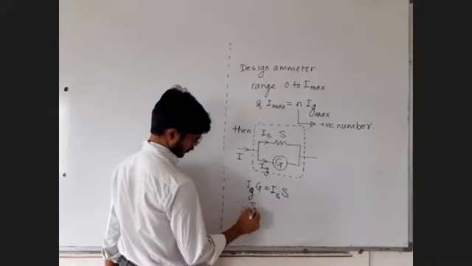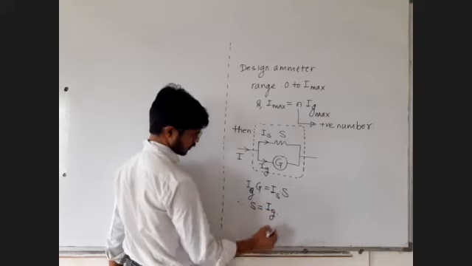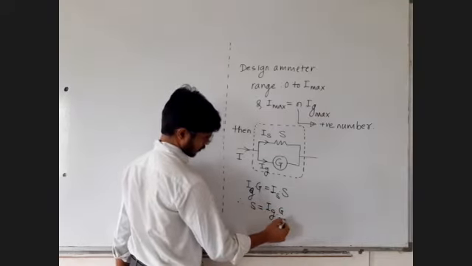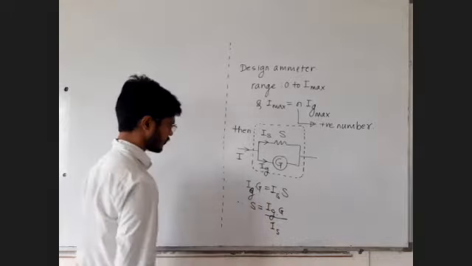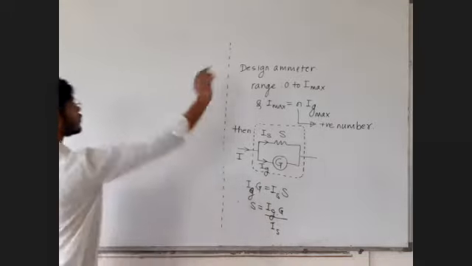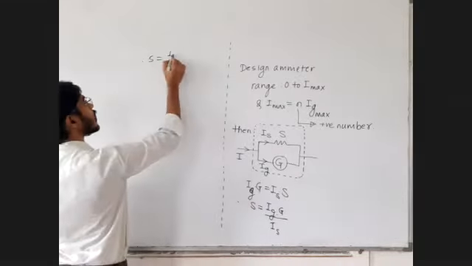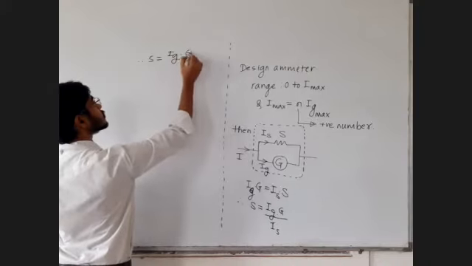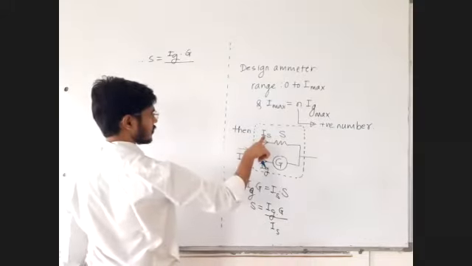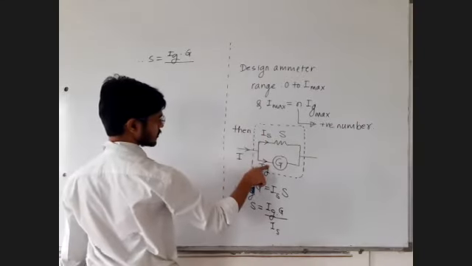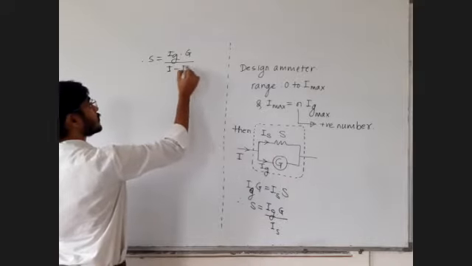Therefore, S, the shunt resistance you want to find, is Ig into G divided by Is. This Is is in the denominator. Is can be written as I minus Ig.